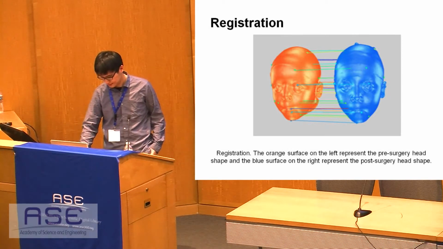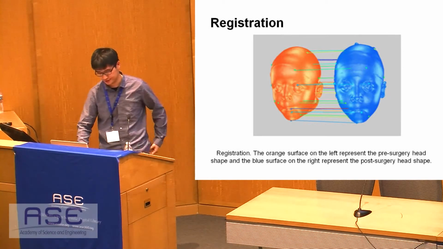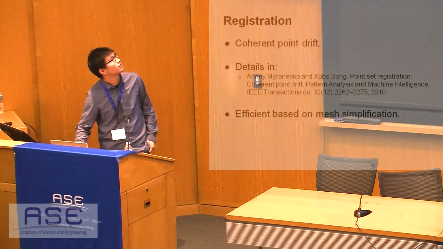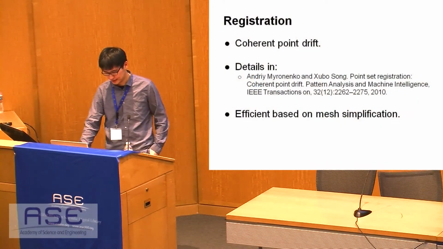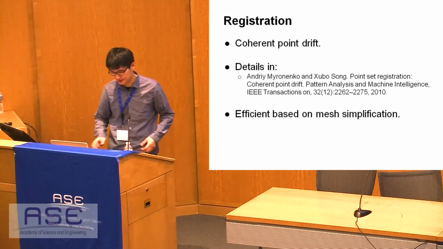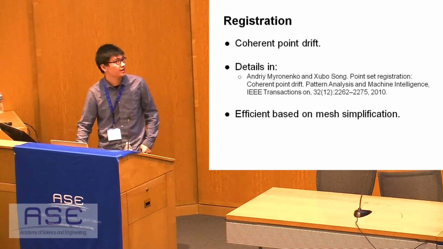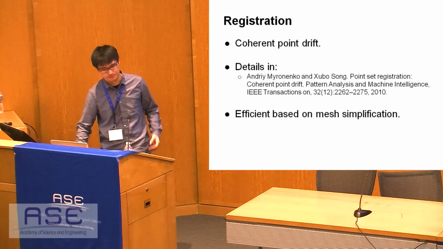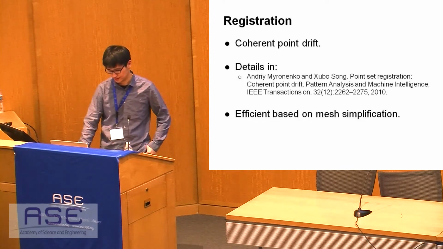For registration, we apply the coherent point drift method, and the details can be seen in this paper. Based on the previous mesh simplification, it becomes much more efficient to do the registration.